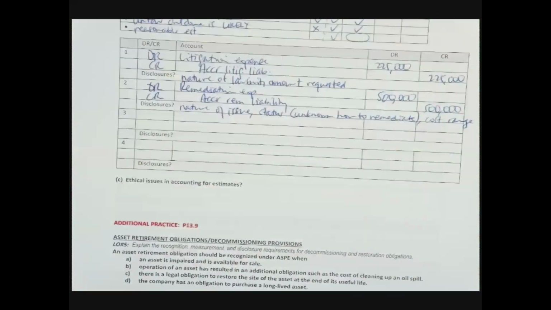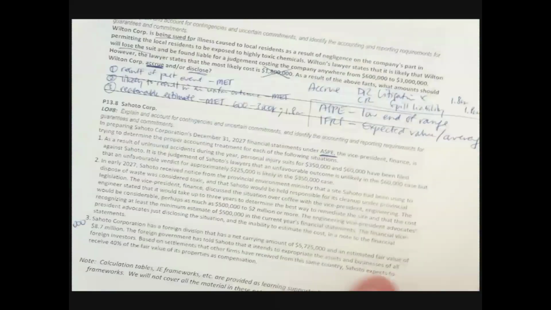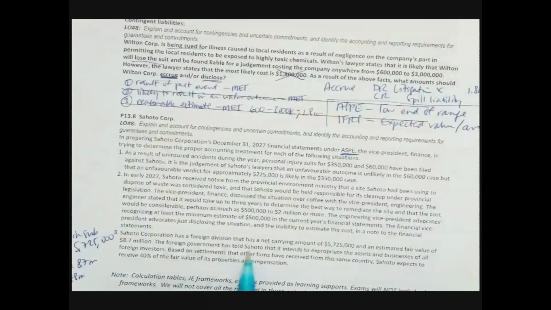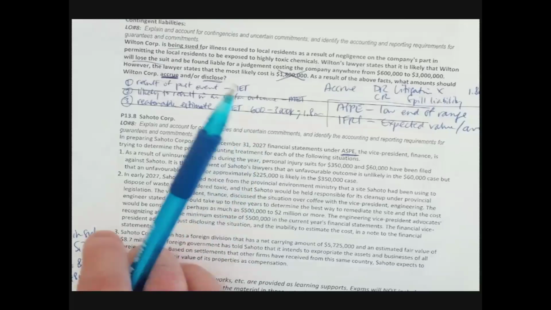Is there a possible liability that results from a past event? I mean, we've been notified that they are taking our company, our sub, right? They notified us. It's not a maybe. The foreign government has told us that it's going to expropriate.